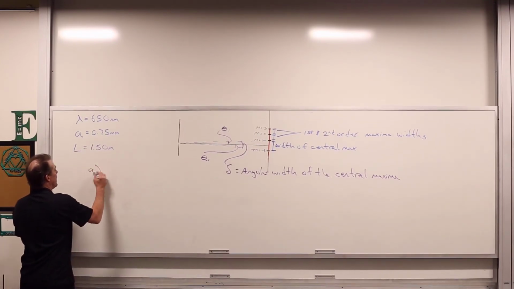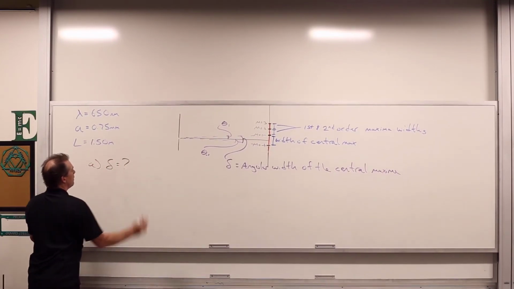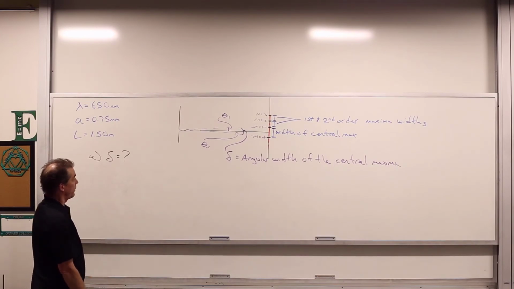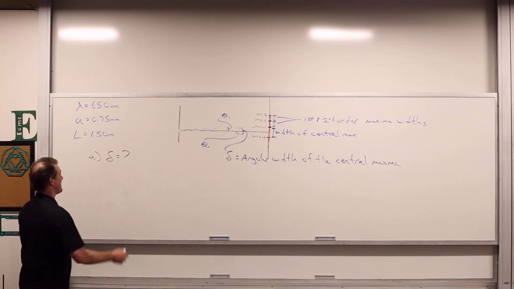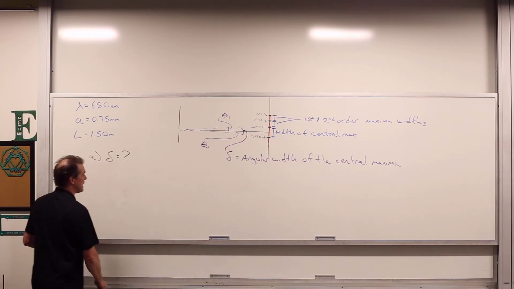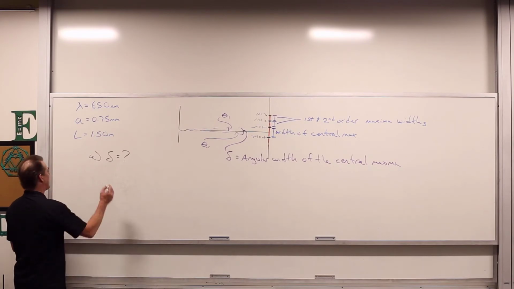All right, let's do that. So, A, we want to know what delta is. Well, let's figure out what theta 1 and theta negative 1 are, and we can put them together and figure out the total angular width, and we'll extract some other meaningful information pertaining to that.